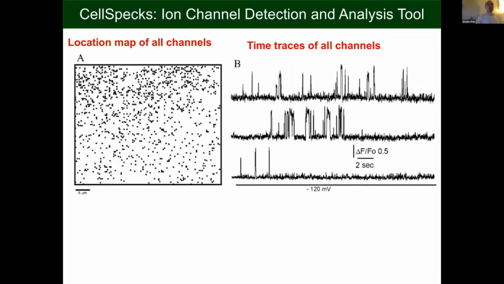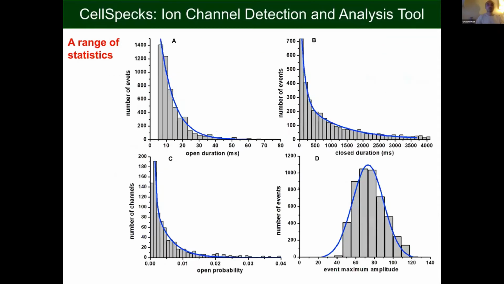You can just pick any pore and look at the traces, the fluorescence change or the calcium flux through these pores over time. This software will also automatically generate statistics for all the pores in the movie.